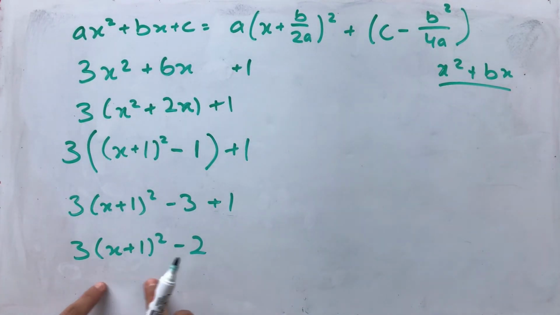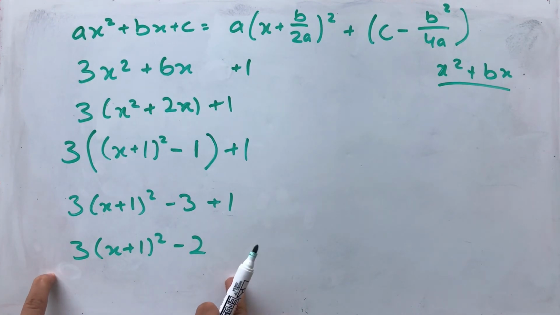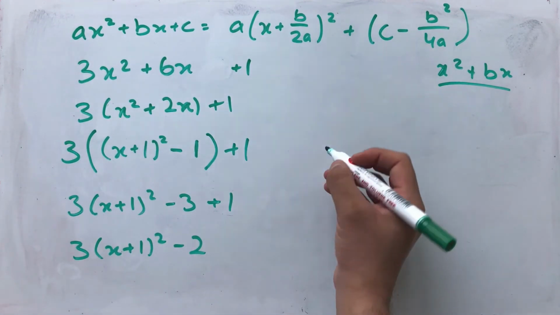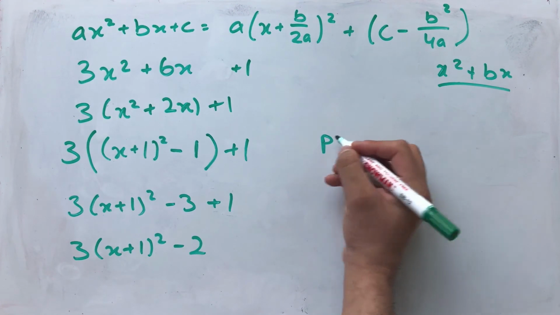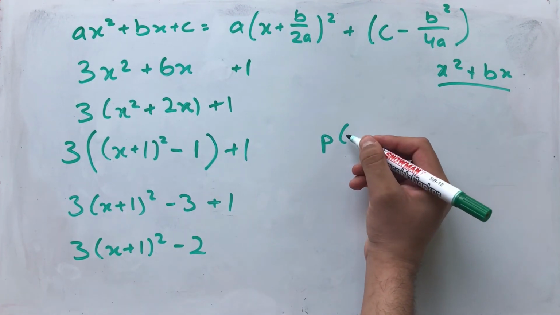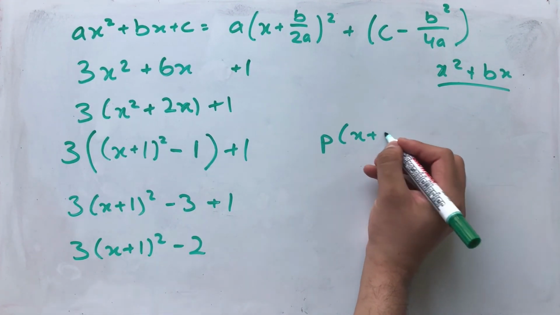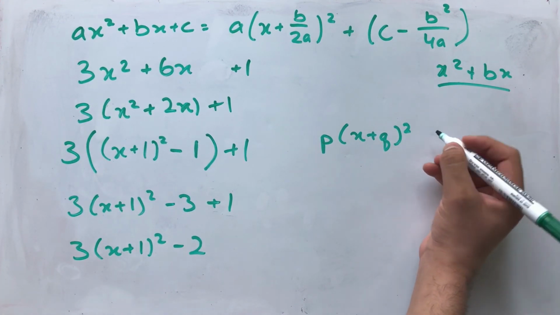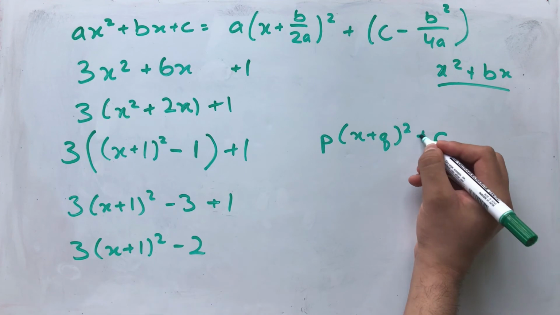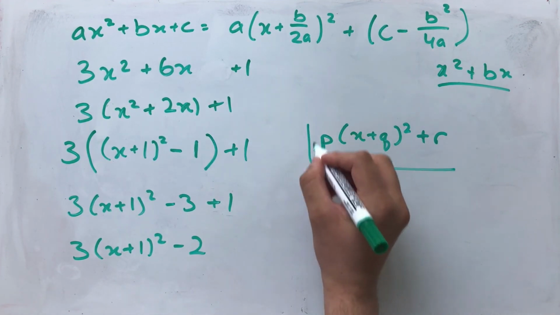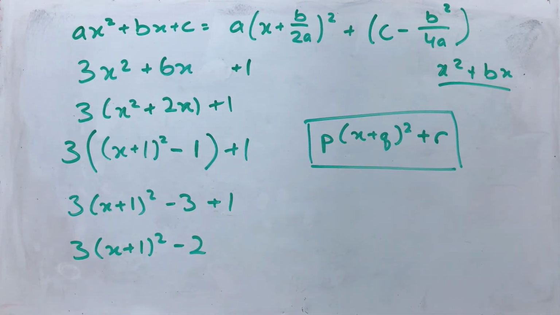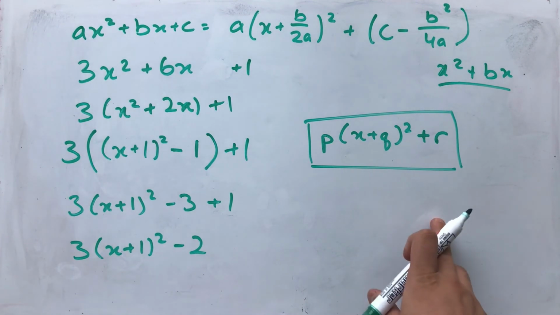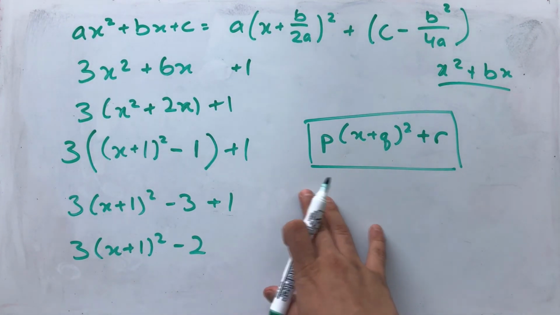Now, if you look at this, this is in a certain format, okay? The format is as such. P into x plus q squared minus or plus r, okay? And this format right here, this is known as the completed square form, okay? So we have to remember this.